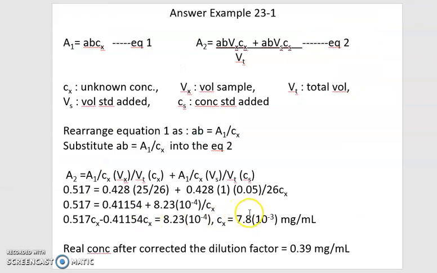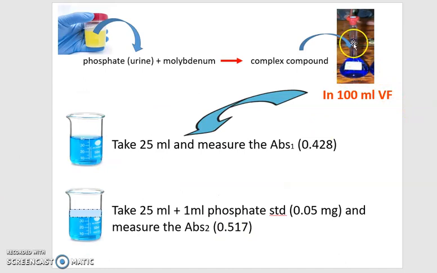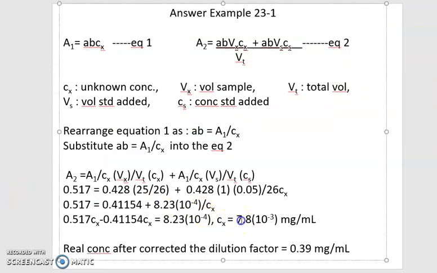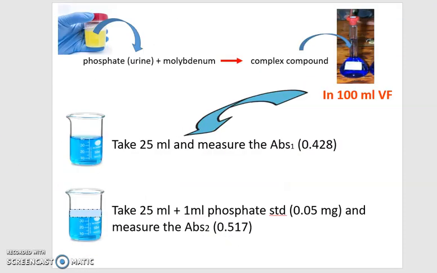And this concentration is similar in 100 ml, because from the 100 ml to the 25 ml there is no dilution. Therefore, the concentration of phosphate here represents both the 25 ml as well as the 100 ml.